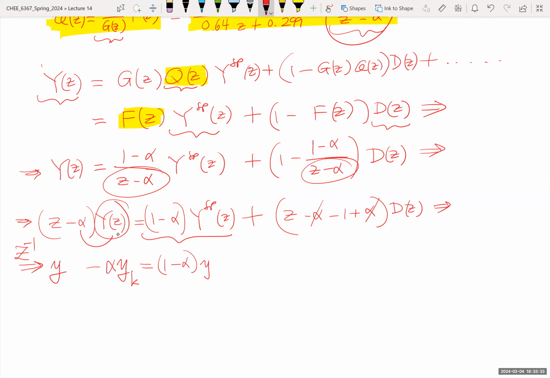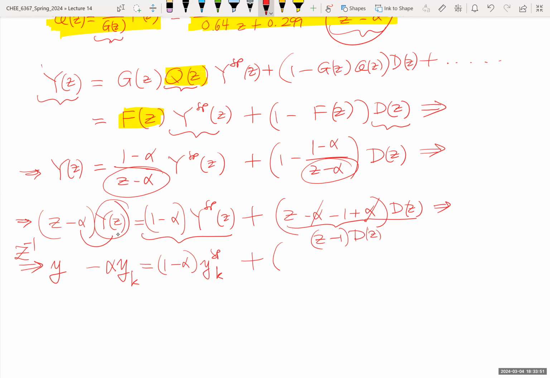This is a sequence y set point at time k. And if I invert this, well, this thing is z minus 1 d of z.